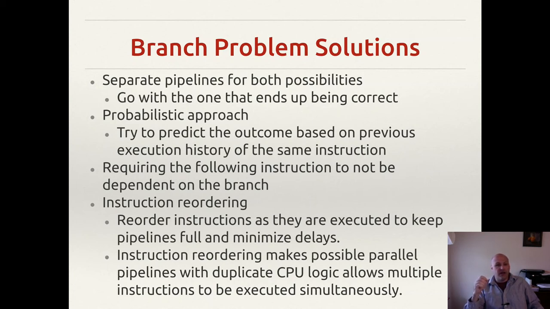It is not uncommon for loops to take the same branch choice hundreds, thousands, millions of times before anything changes, right? It's a loop. That's what it's supposed to do. Even if you think of a for i equals 0, i less than 10 loop for iterating 10 times, you still are going to be right 10 times until you're wrong the last time, right?